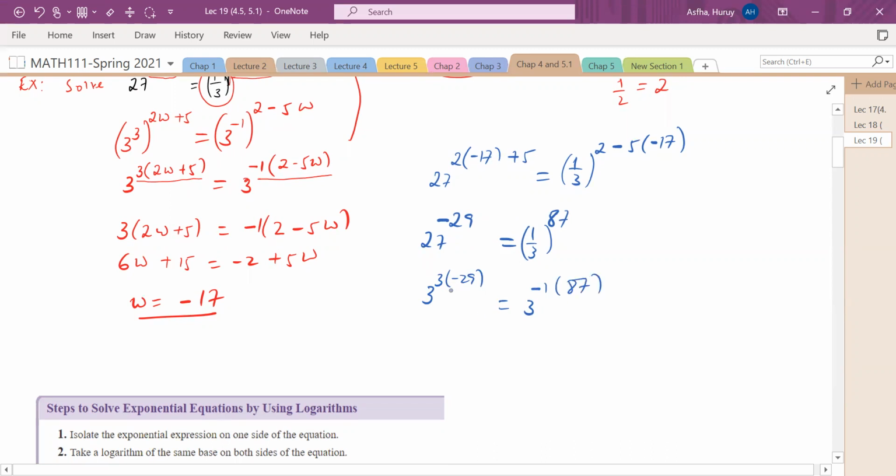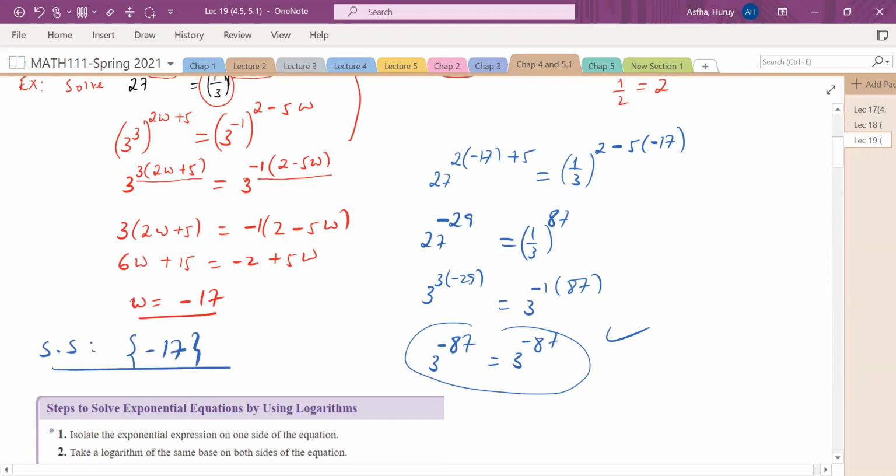What is 3 times negative 29? That's negative 87. And negative 1 times 87 is also negative 87, so we have 3 to the power of negative 87 on both sides. Both sides are equal. Therefore, the solution set to this equation is negative 17.